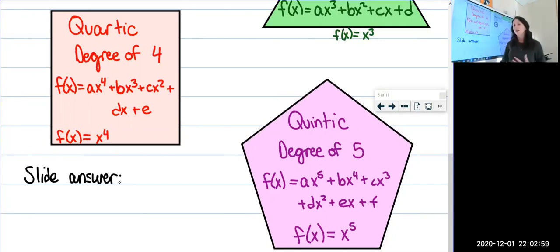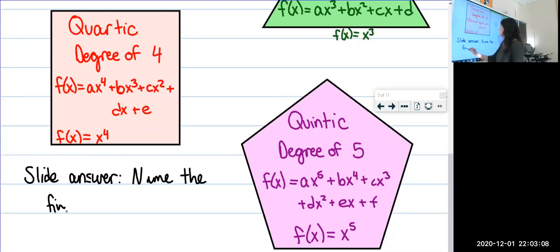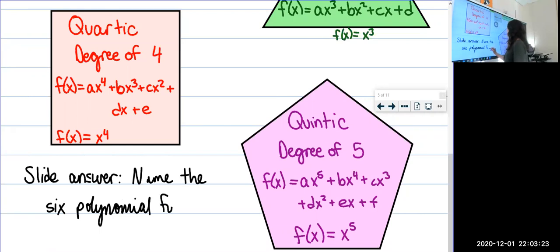On the next slide, I would like for you to name the 6 polynomial function types in order.